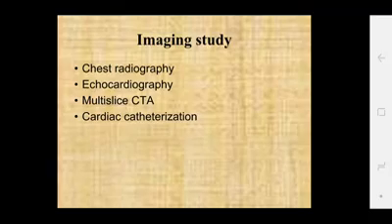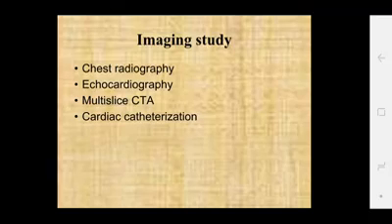Multi-slice CT angiography is actually the modality of choice now, and I will show some images of some of my cases. It should be done even if the echo gives you a good picture. Usually the surgeon insists on having this kind of modality.